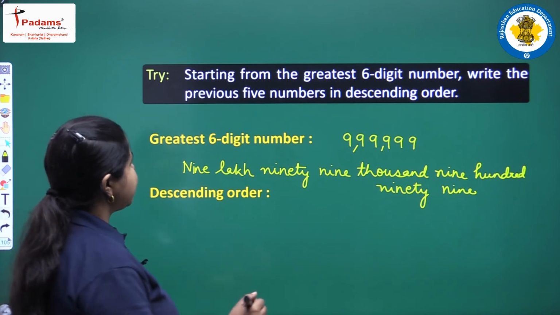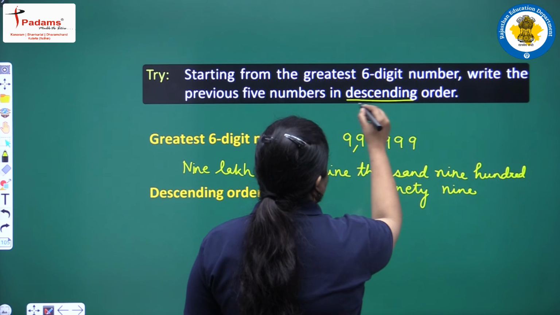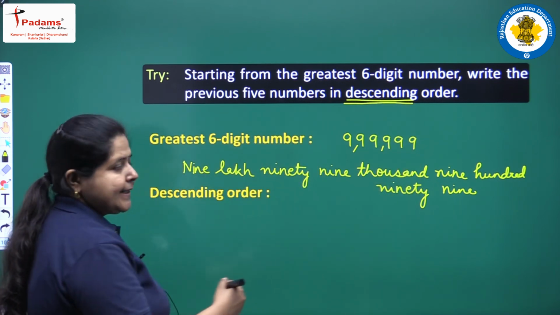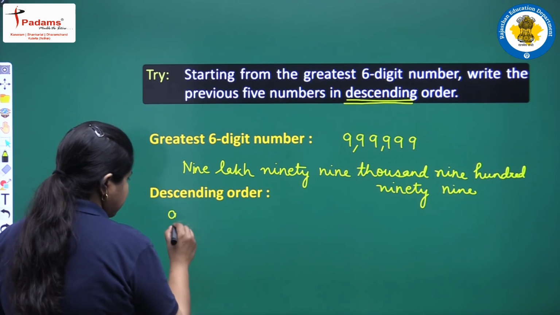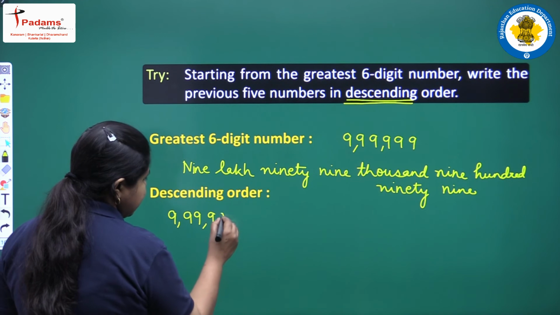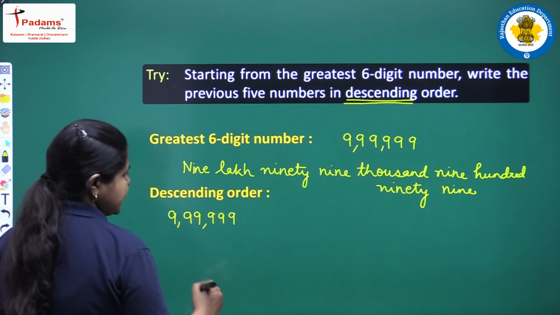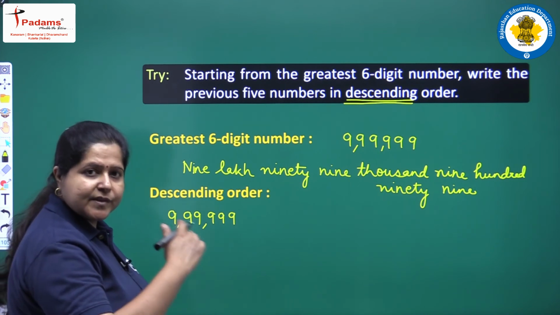Next what we have to write? Write the previous 5 numbers in descending order. So we start with this greatest number 9,99,999. This is the first one. Descending order means starting from greatest to smallest.